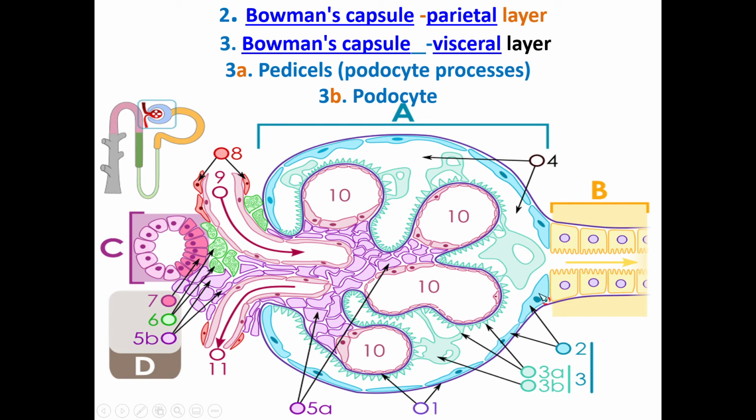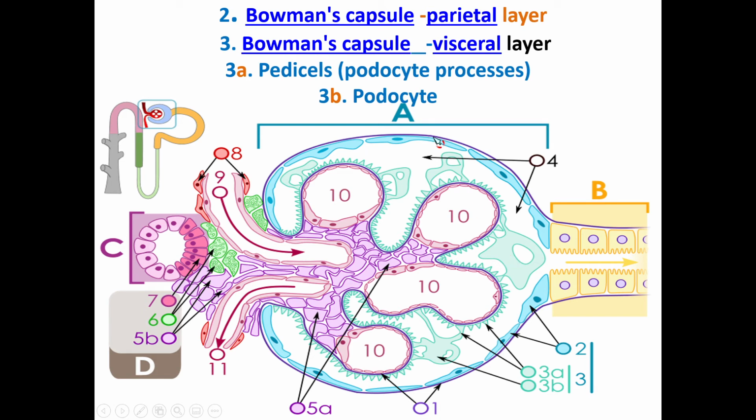This one inside is the visceral layer, which surrounds your glomerular capillaries. In this layer, the epithelial cells are enlarged, and they are known as podocytes. My cursor arrow is moving around the podocyte.